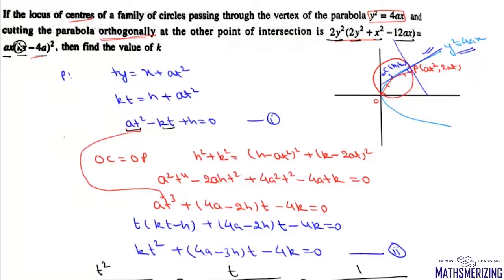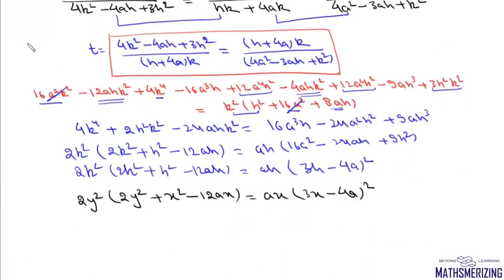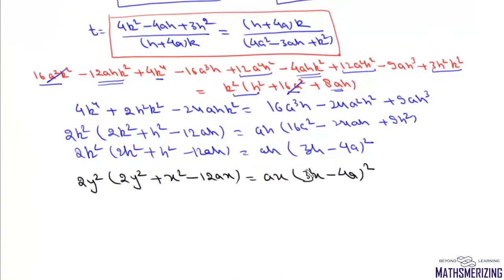So we need to find value of k, and k obviously in this case is simply 3. So value of k is 3, and that is the answer to this question.